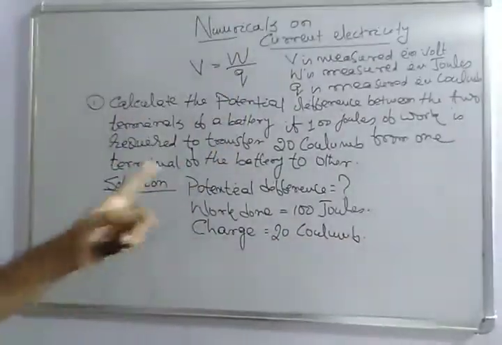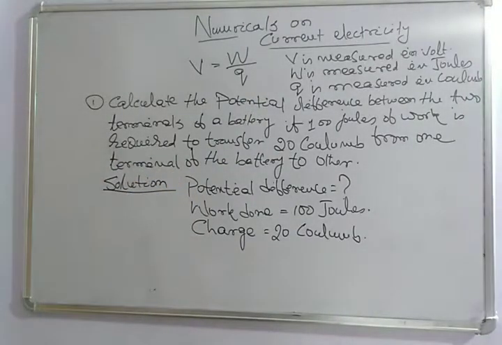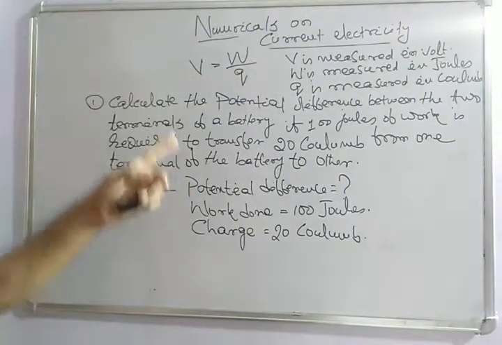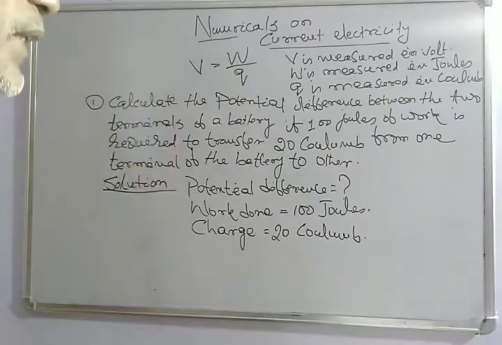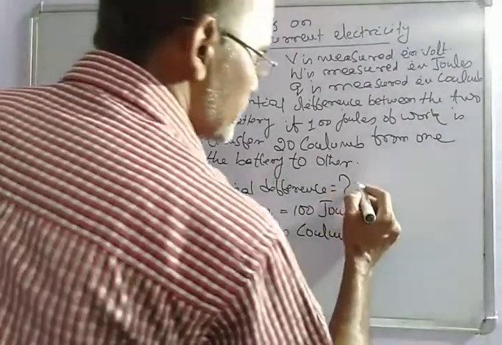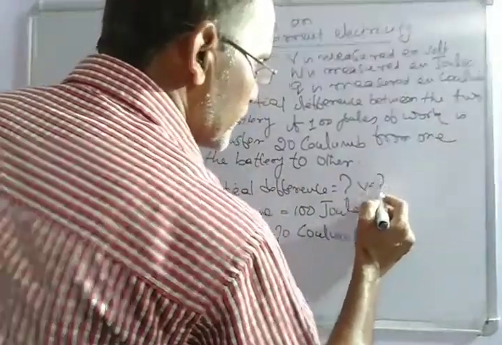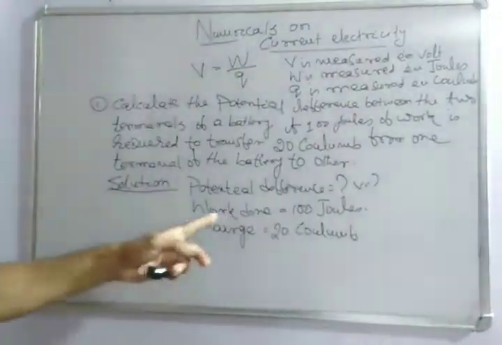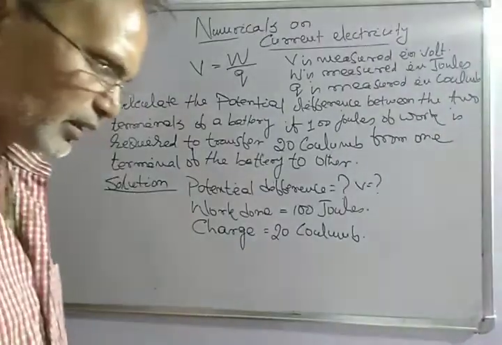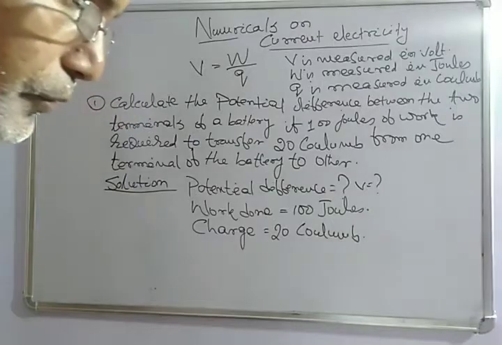Now go through the formula which you have learned. Potential difference means V. V has been asked, and W is given, Q is given.